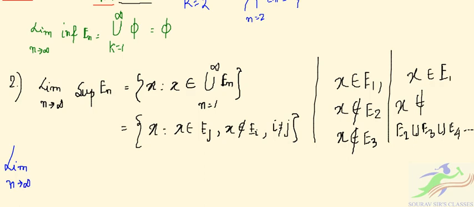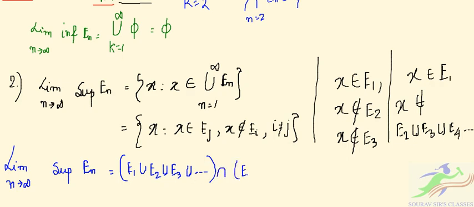the limit as n tends to infinity of the supremum of En. It is nothing but E1 union E2 union E3 union up to this intersection E2 union E3, so it can be written in the same manner.